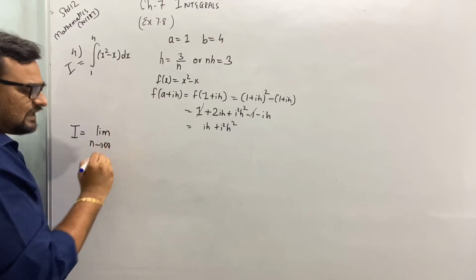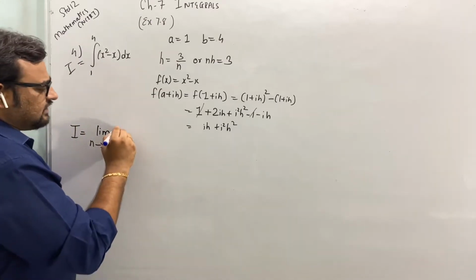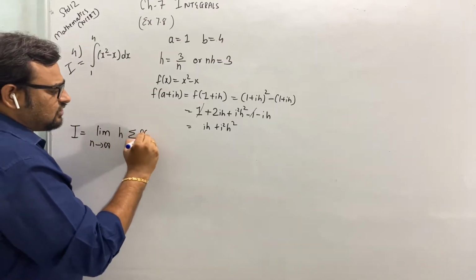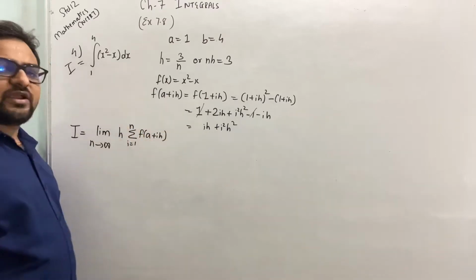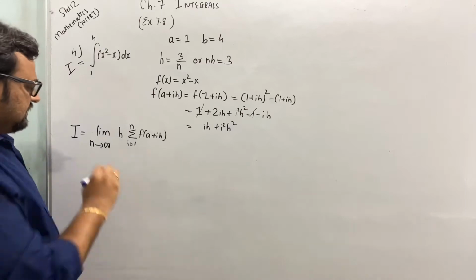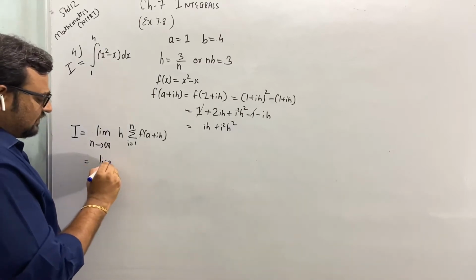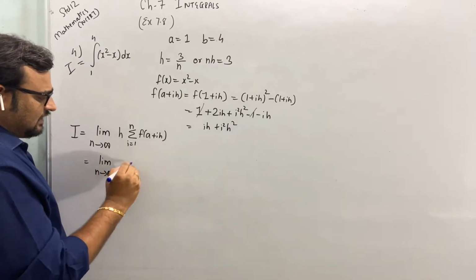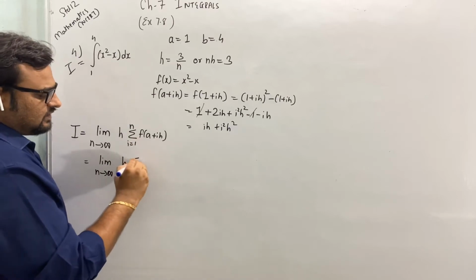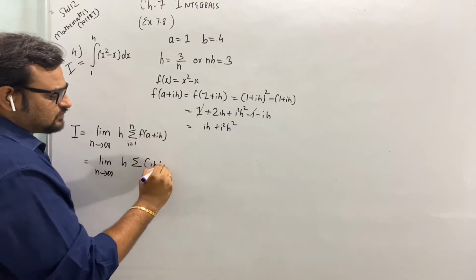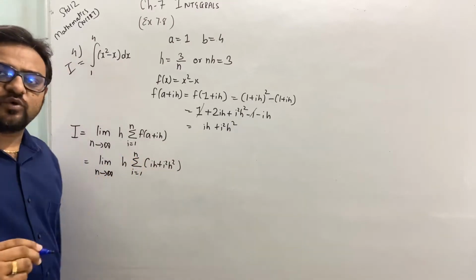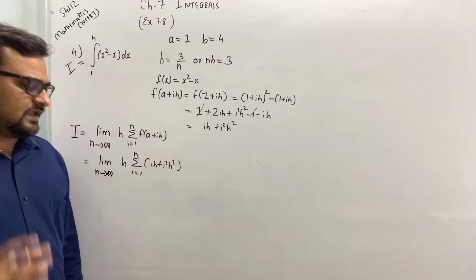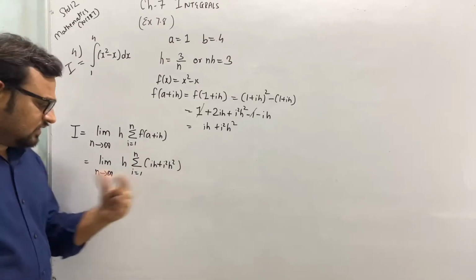I will take n tends to infinity, h summation of f of a plus ih, i equal to 1 to n. So this will be equal to limit n tends to infinity summation of ih plus i square h square, i equal to 1 to n. Clear?